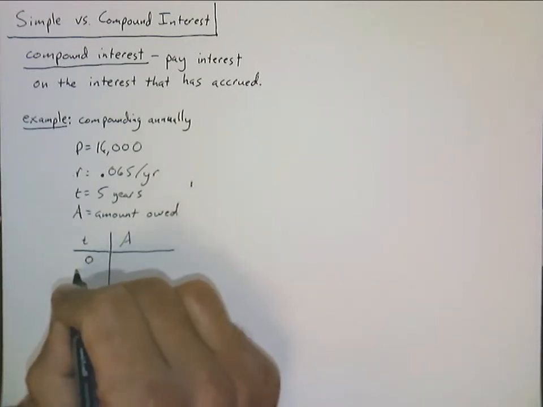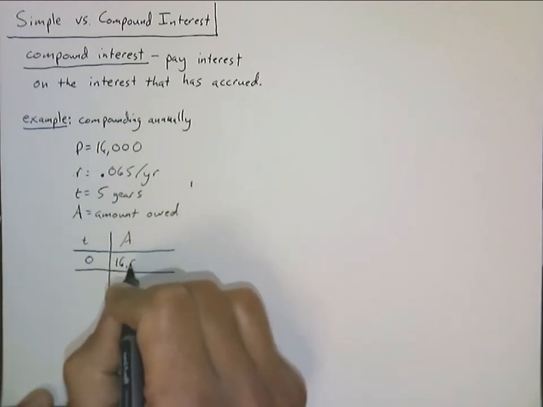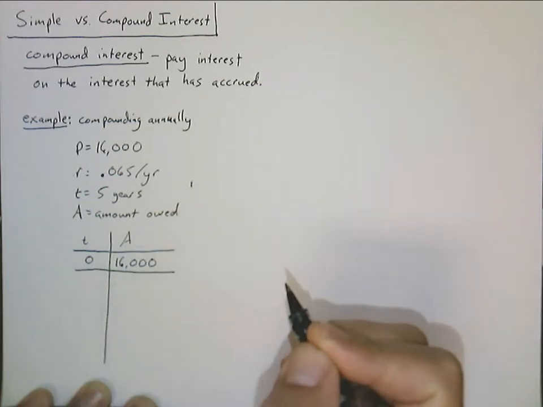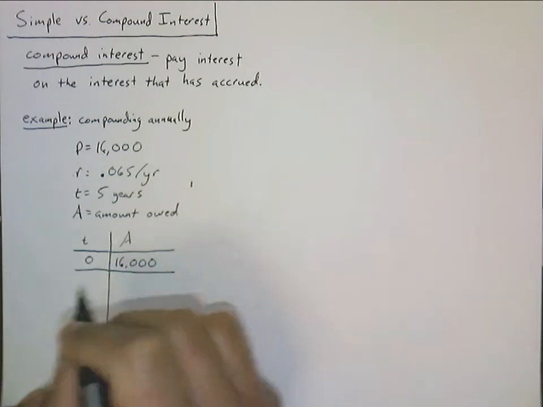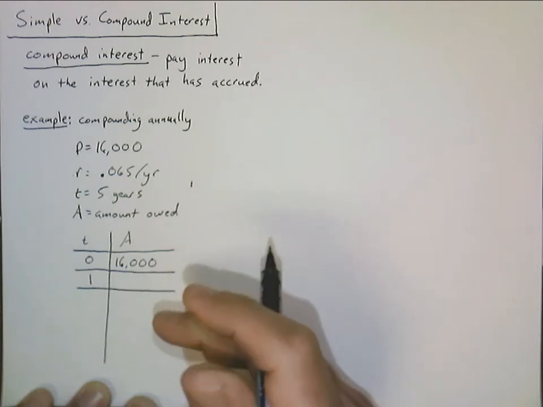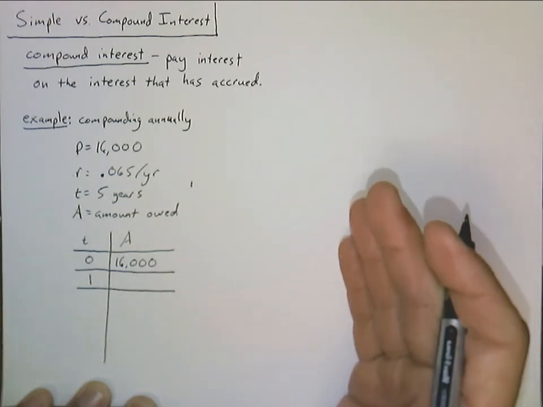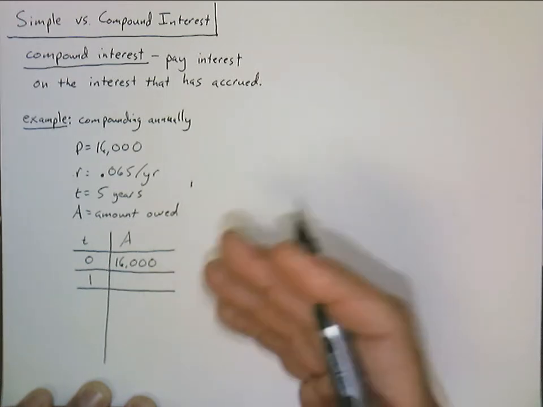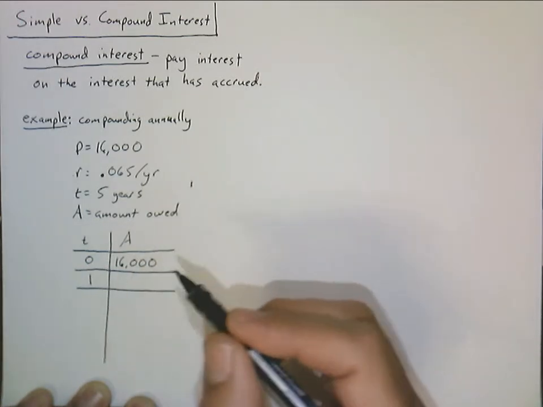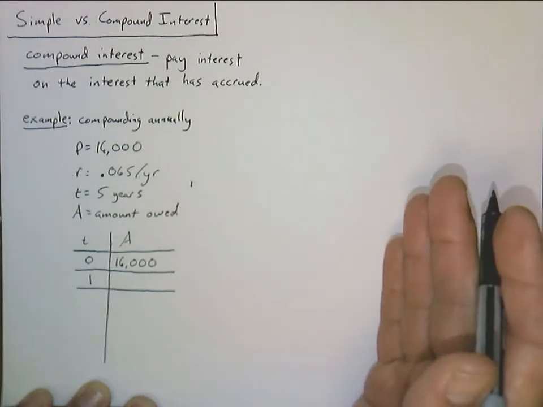So at year 0, the only thing we owe is the principal, $16,000. After the first year, well, if you remember from the exponential growth video, the way we can do this is we're going to be multiplying by either the growth factor or 1 plus the growth rate.